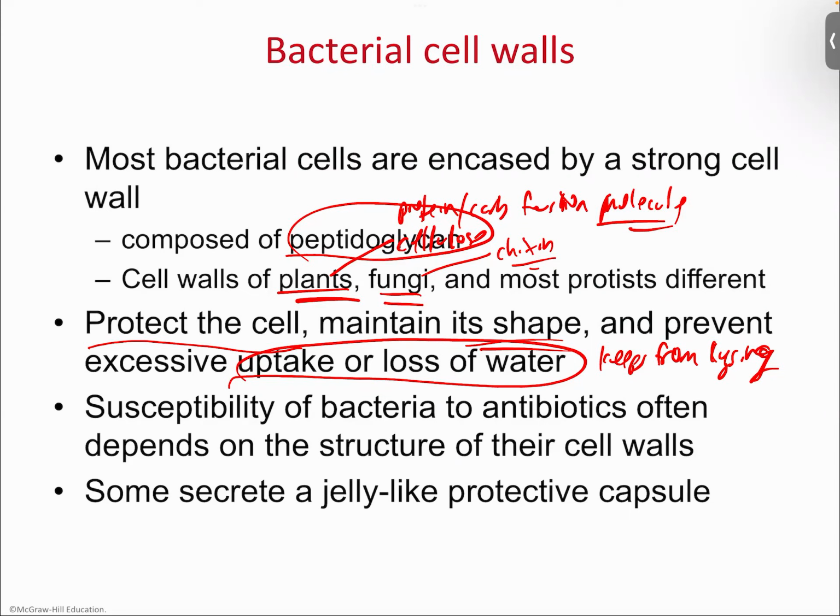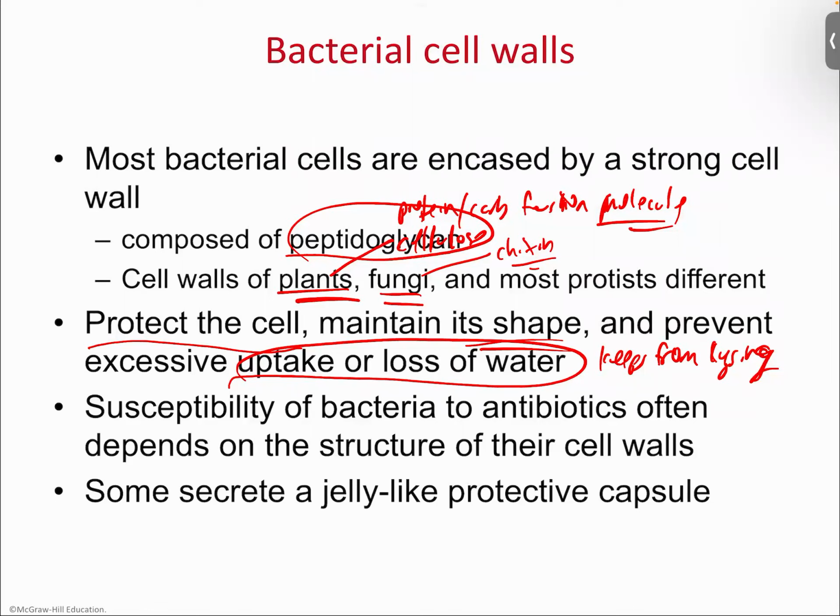Not only that, but you're swimming around in water, right? Remember when we said the mantra of osmosis was? Salt sucks, right? So if you have a salty prokaryotic cell, what's water going to naturally want to do to that cell? Yeah, it's going to want to come into the cell.